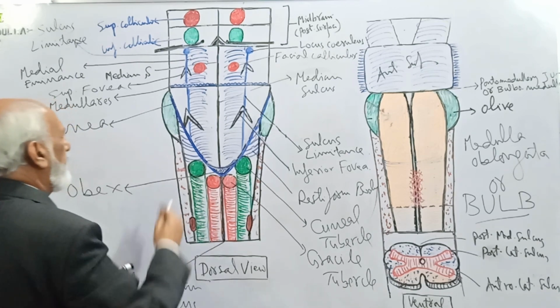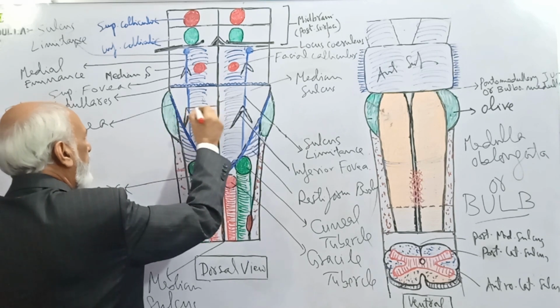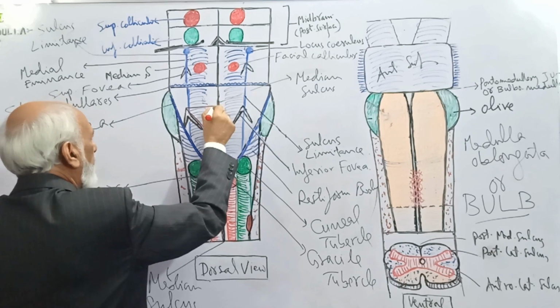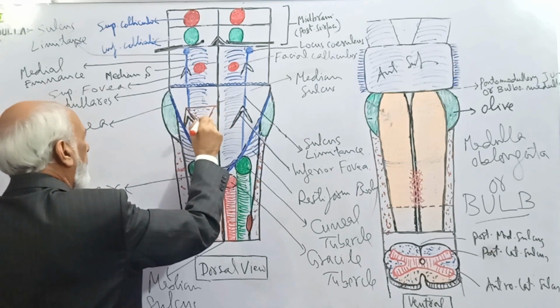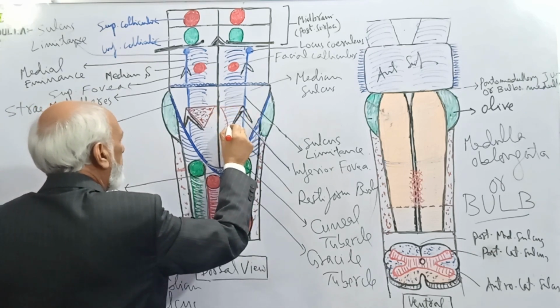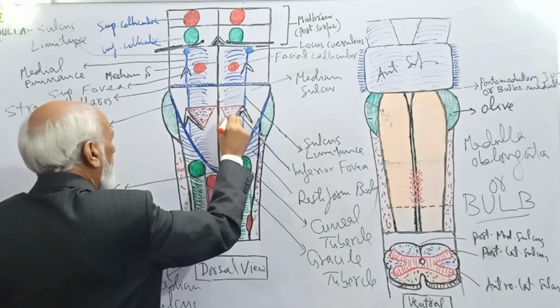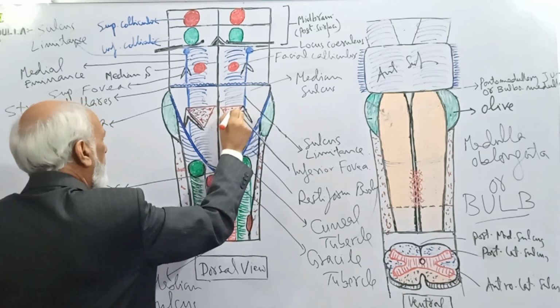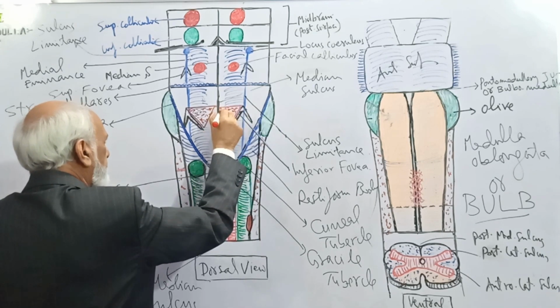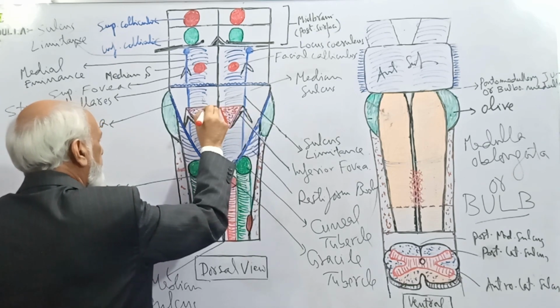Now, superomedial to the inferior fovea, there is a triangular area on each side over the medial eminence. This is an area, not an elevation.